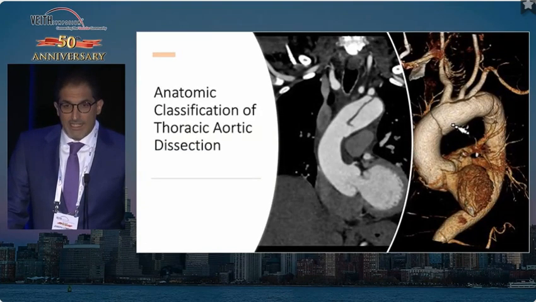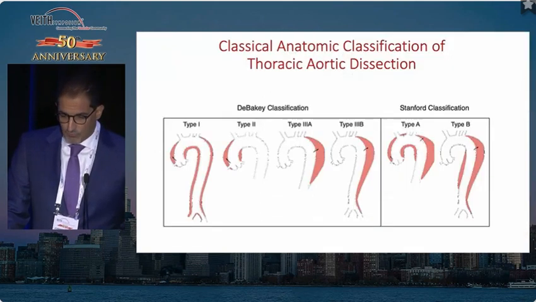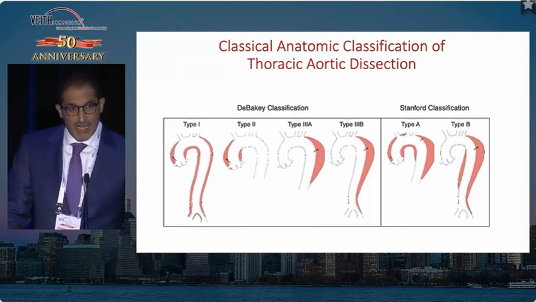So what we didn't anticipate doing when we convened this group of excellent writers was to come up with a new classification scheme, but it organically developed within the committee as a strong need because there was a difficulty in really honing in on how we describe aortic dissection. We know about the classification schemes regarding the DeBakey and the Stanford classifications, both of which are commonly used today and will continue to be used.